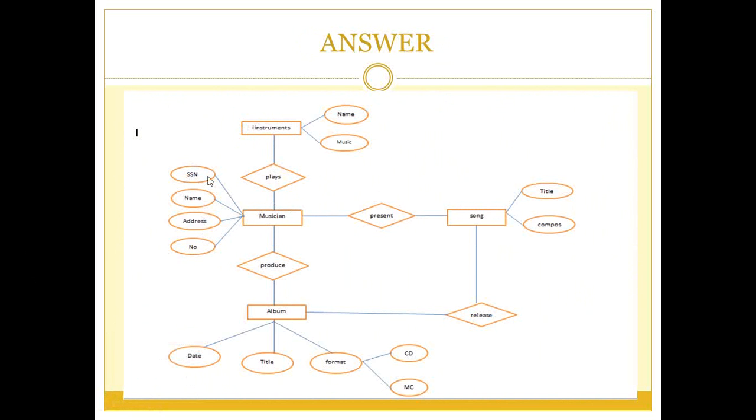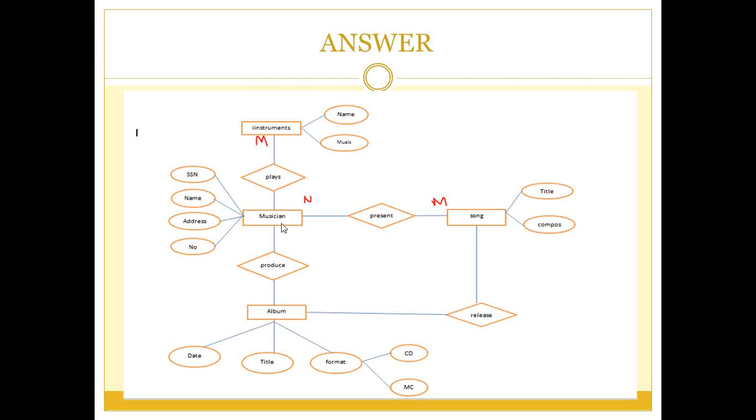Every musician has an SSN. And we know that it's a many relationship, many to many. I mean, a musician has many songs, and many songs are played by musicians. And likewise, musician and instrument is a many to many relationship.